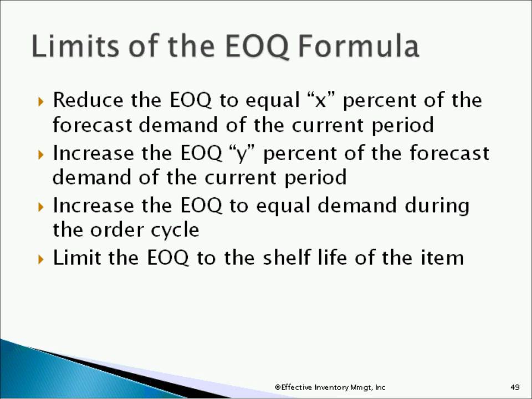No matter what the EOQ results in, you don't want to buy more than a 6-month supply of the product. On the other hand, if you have a very fast-moving, expensive item, the EOQ might suggest you buy a 1 or 2 hour supply. We believe you shouldn't be buying less than, say, a 4-day or 1-week supply of any item.